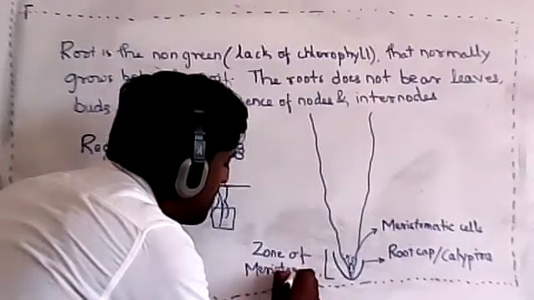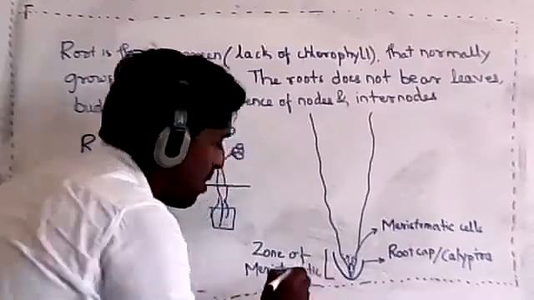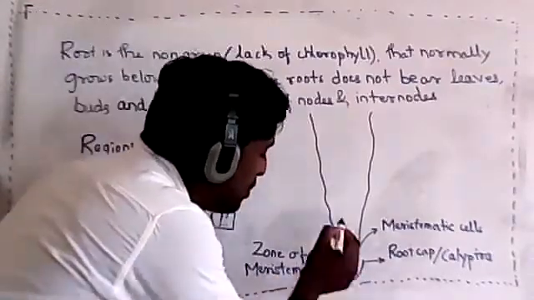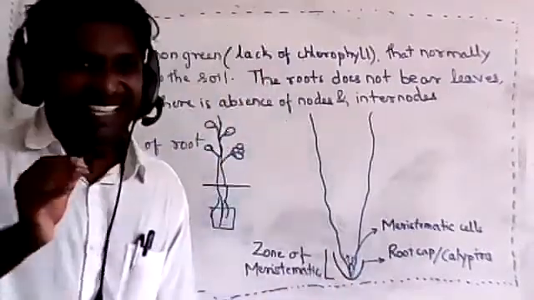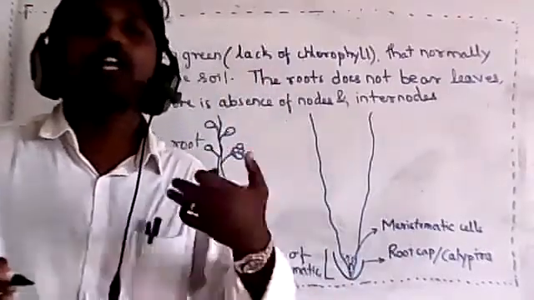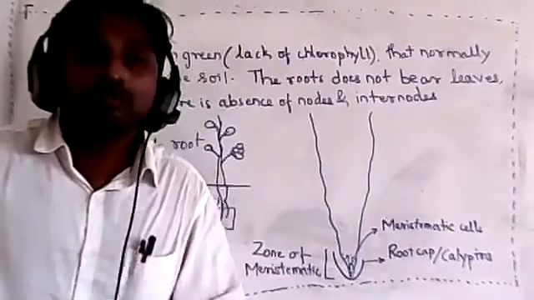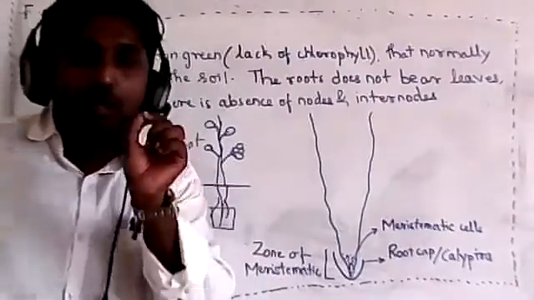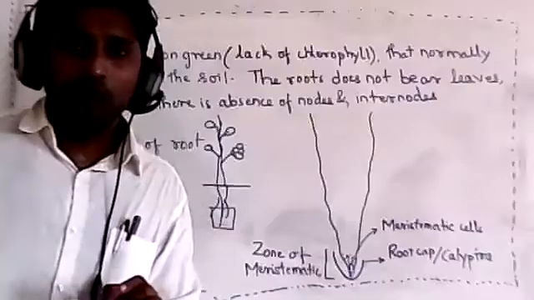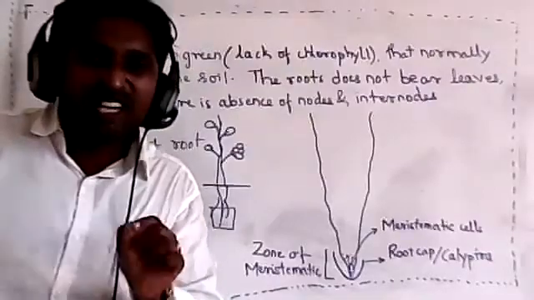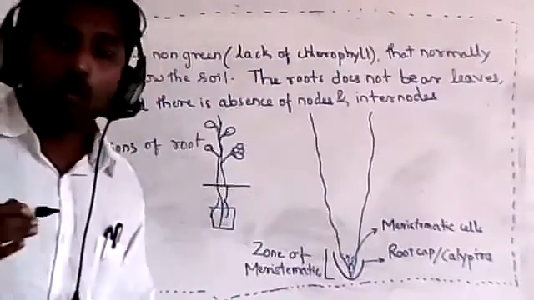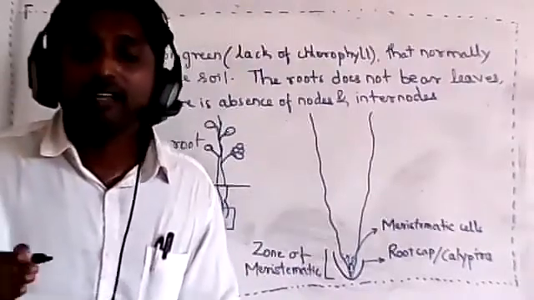What I meant to say is, in the root tip, the cells continuously undergo mitosis, cell division. That type of cells which undergo cell division continuously, those cells are called meristematic cells.